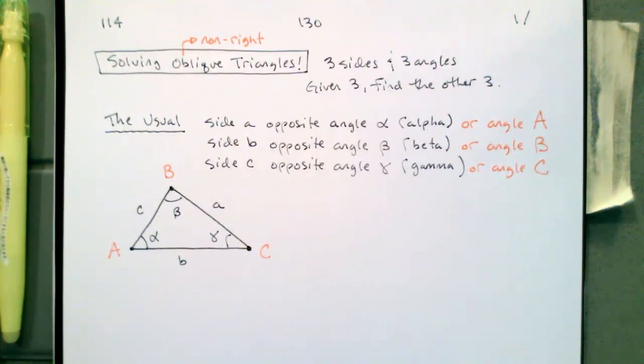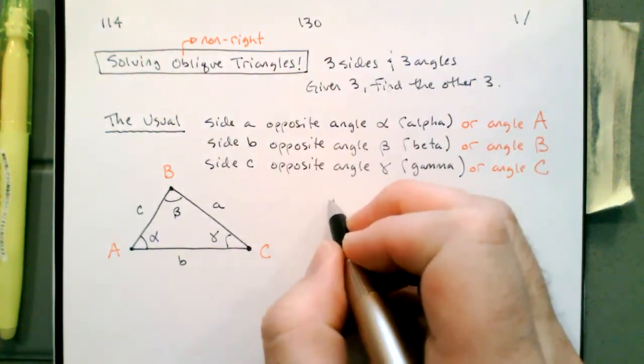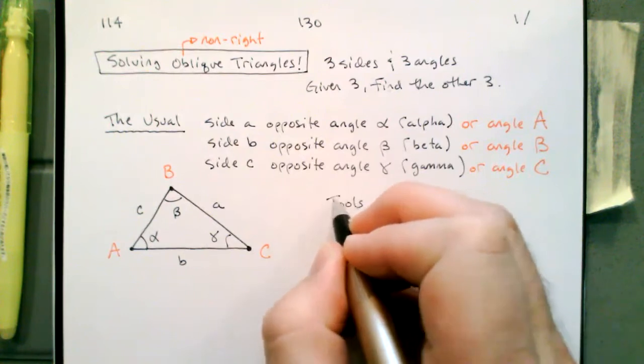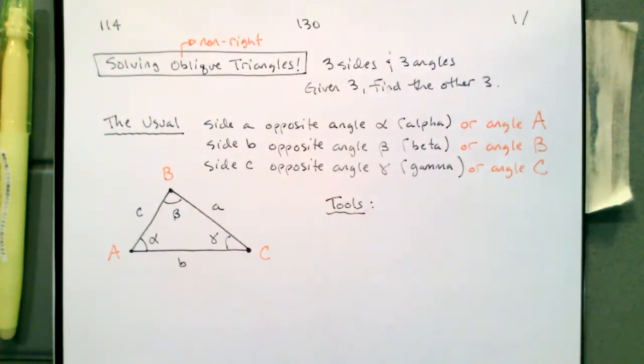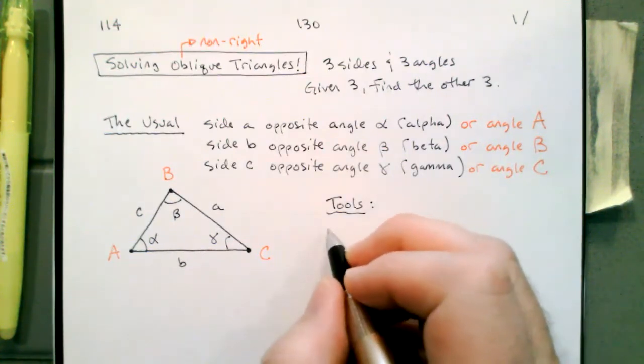The sum of the angles is still 180 degrees. So we need to talk about the tools that we're going to use. So the sum of the angles in any triangle is 180 degrees. We still have that.